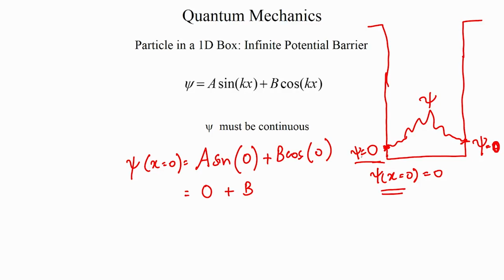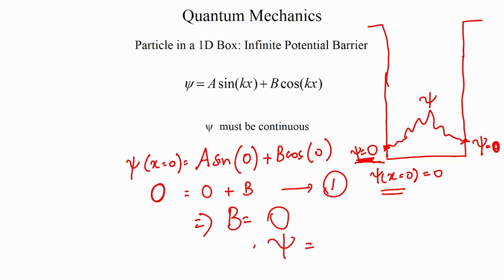Since the wave function takes the value 0, we need this to be the first condition, which implies that b is 0. Therefore, my wave function is of the form a sine of kx. Since b is 0, the cosine term does not exist.